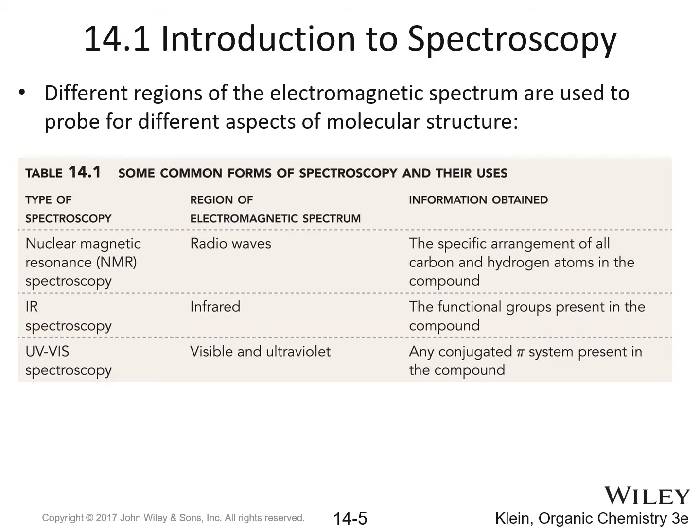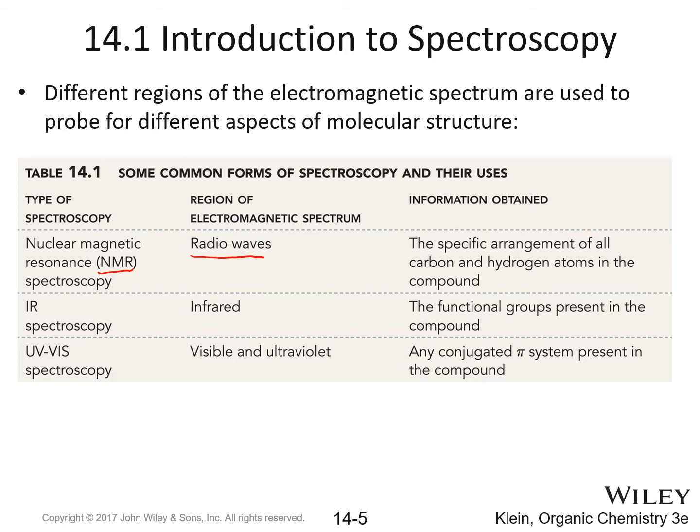Different regions of the electromagnetic spectrum are used to tell us different information about a molecular structure. So, simply put, different forms of electromagnetic energy interact with matter differently and give us different types of information. For example, radio waves can be used in nuclear magnetic resonance, NMR, and this is basically the same thing as MRI.